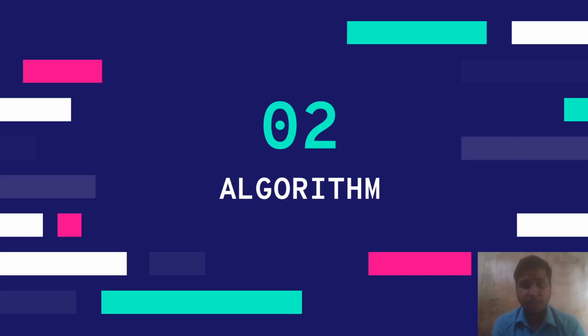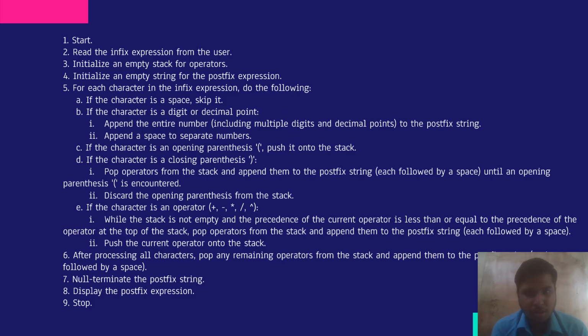Now let me explain the algorithm to convert infix notation to postfix expression. First, we read the infix expression from the user, then initialize an empty stack for operators, initialize an empty string or array for the postfix result, loop through each character of the infix expression and skip spaces.